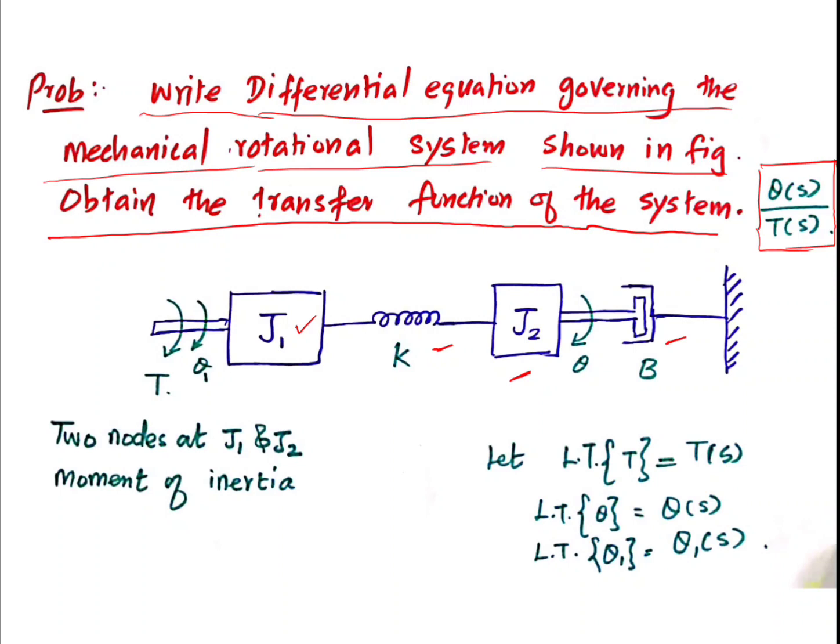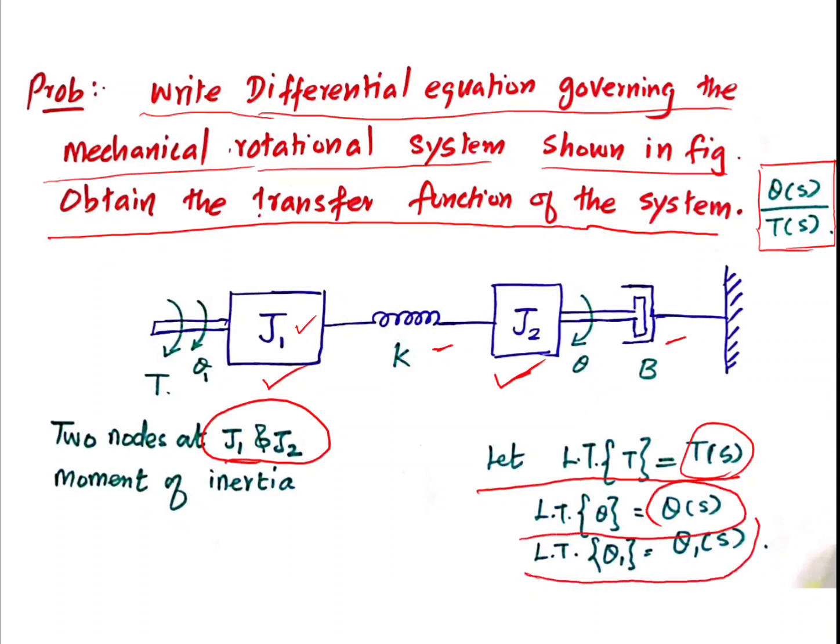When we see this setup, we have two nodes. One node is at J1 and another node is at J2, another mass element. So we consider J1 and J2, the moments of inertia, as nodes. Let the Laplace transform of the applied torque T be T of s, and the Laplace transform of theta be theta of s.